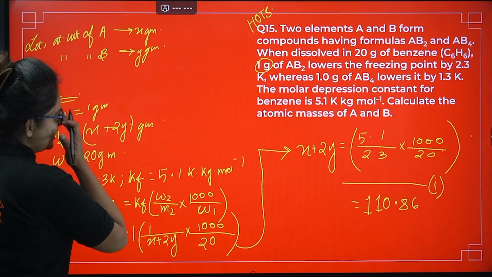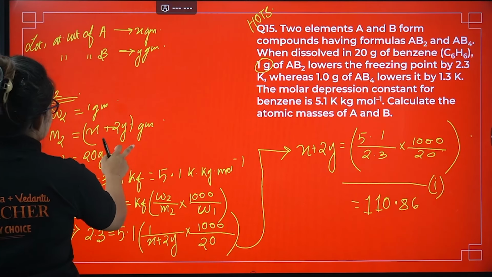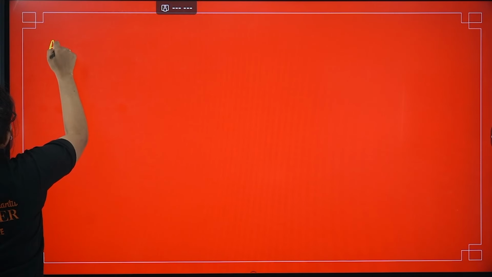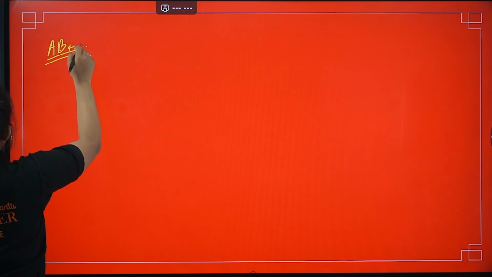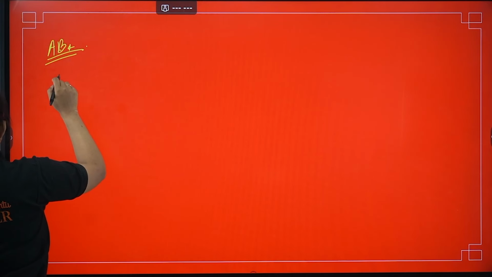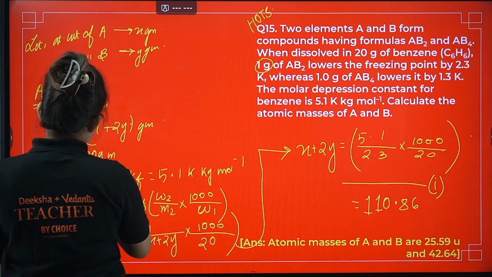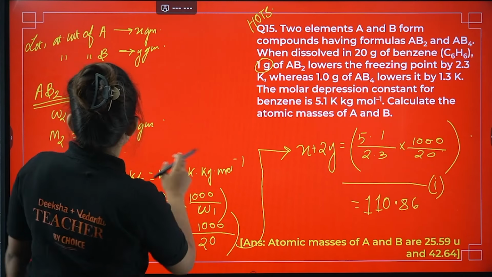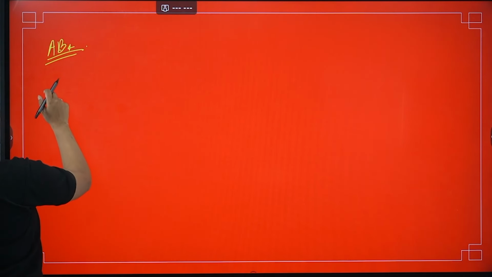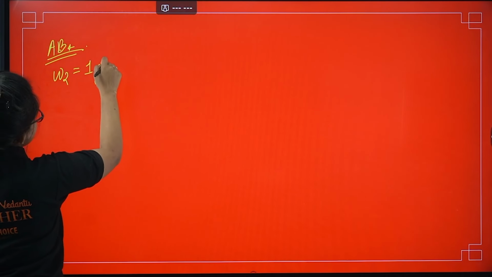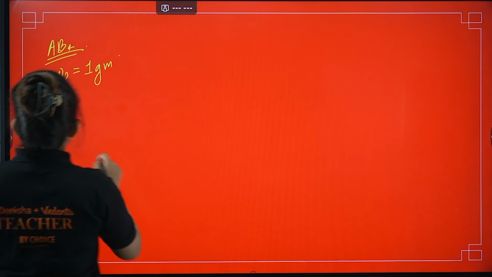Next, one more equation we will get for AB4. We will do the same thing. Let's write one by one. W2 is basically 1 gram, similar.